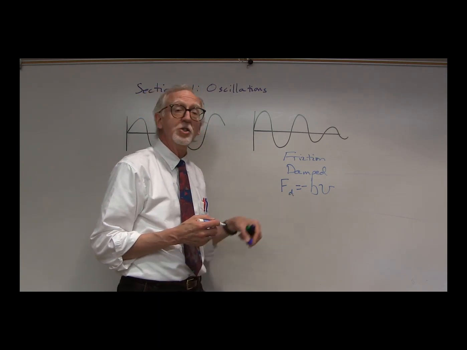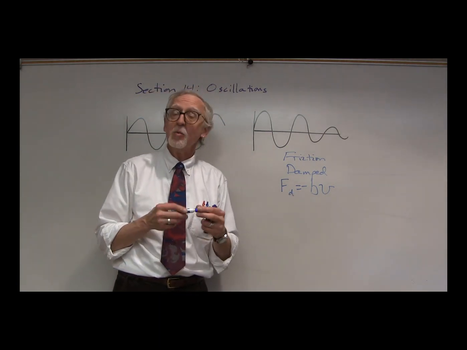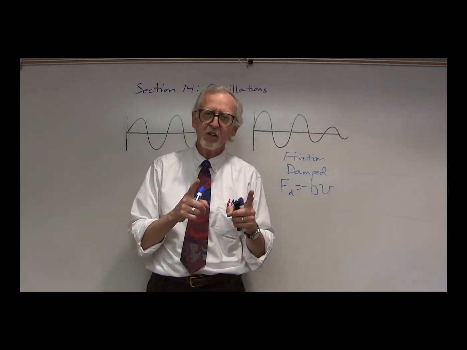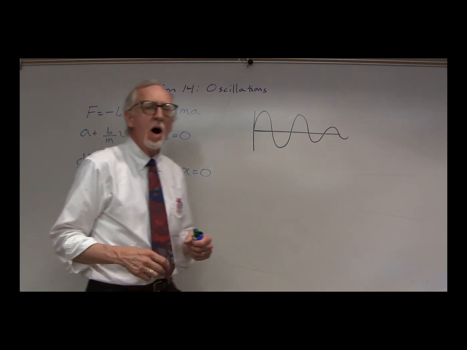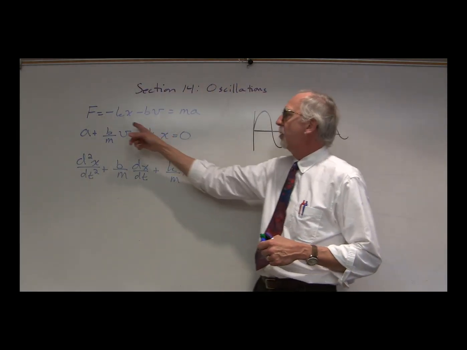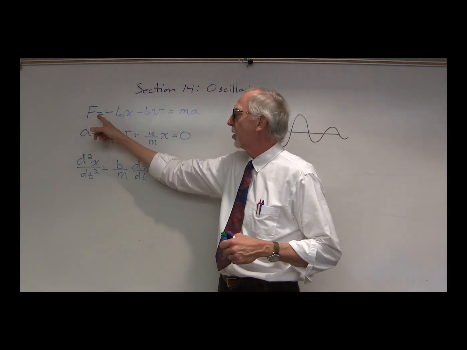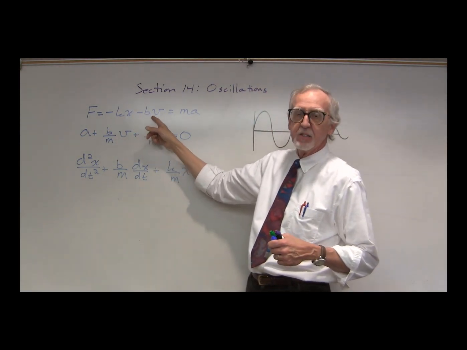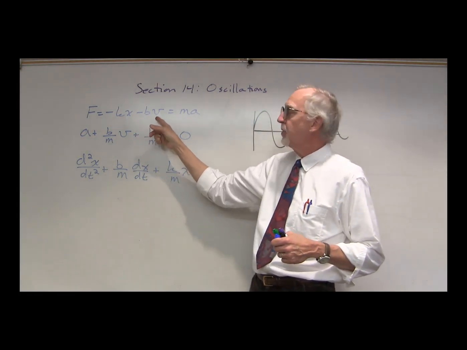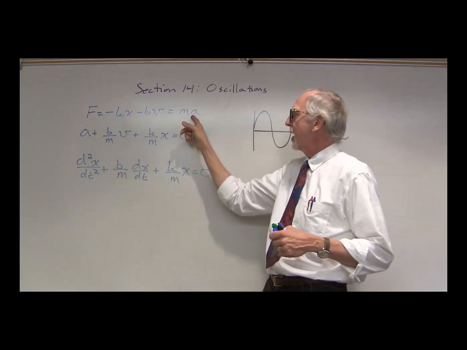So what's this going to do to our differential equation that we had describing the motion? Let's take a look at that and see how we might go about solving it. Our equation of motion now becomes the total force will be minus kx, the spring force, and then plus the minus bv, there's the damping force. And that must equal, F equals ma.